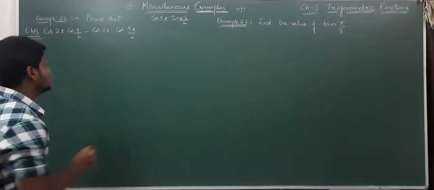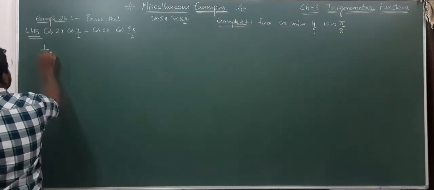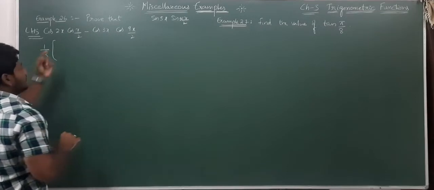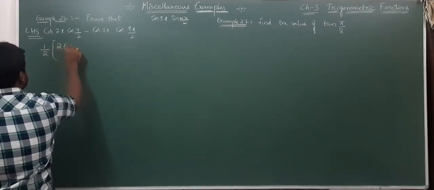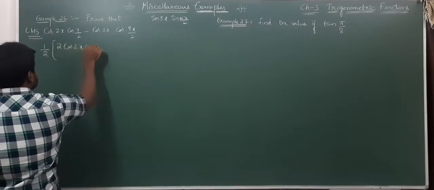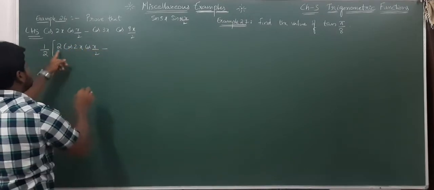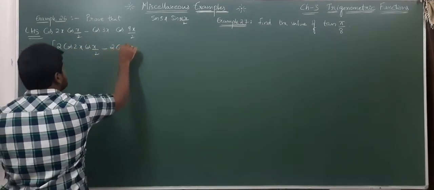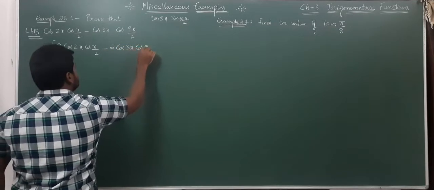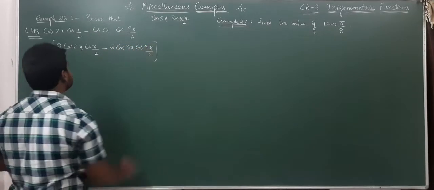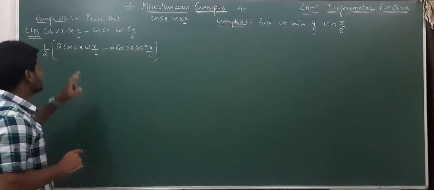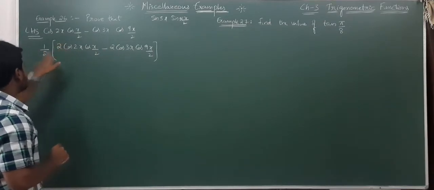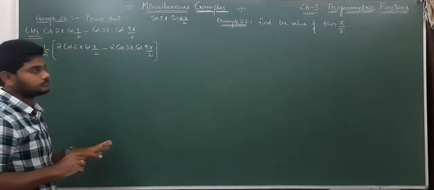What I will do is multiply and divide it by 2. Then it will become 2 cos 2x into cos x by 2 minus again 2 cos 3x into cos 9x by 2. Don't get confused: I have divided by only one 2, but I multiplied two 2's. No, from these two, if you take 2 common, the 2's get cancelled, so we get the same thing.